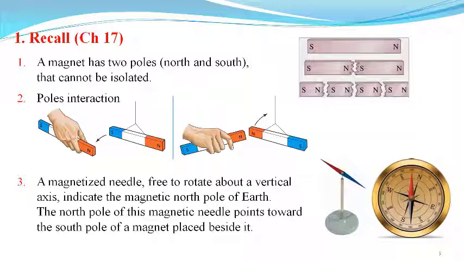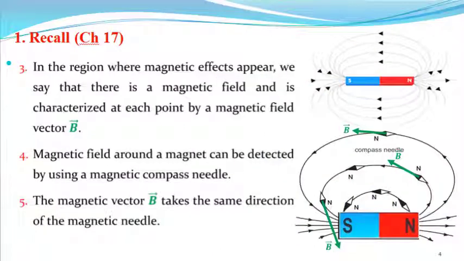The north pole of this magnetic needle points toward the south pole of a magnet placed beside it. In the region where magnetic effects appear, we say that there is a magnetic field, and is characterized at each point by a magnetic field vector B.